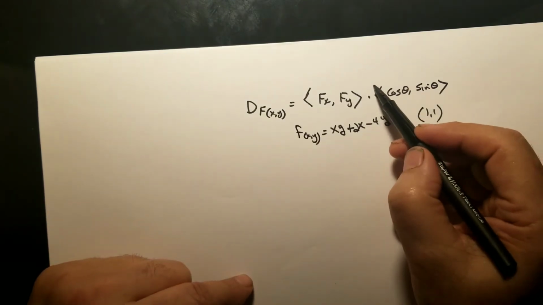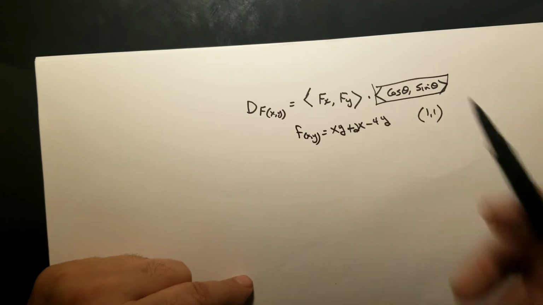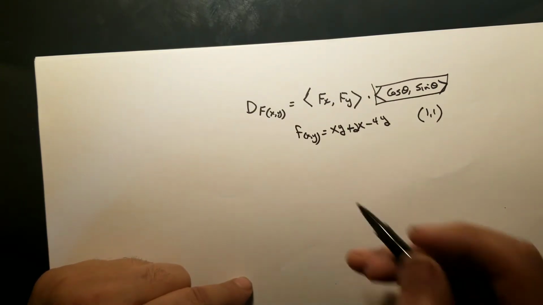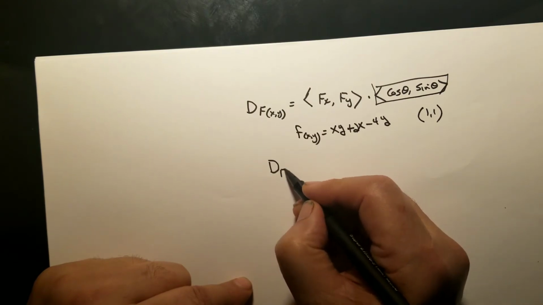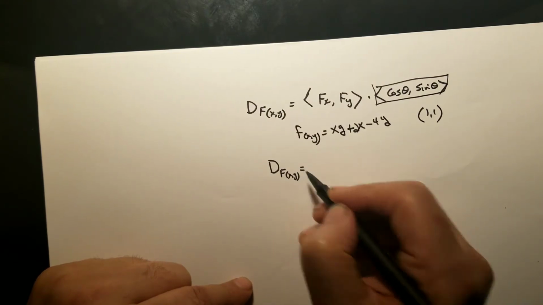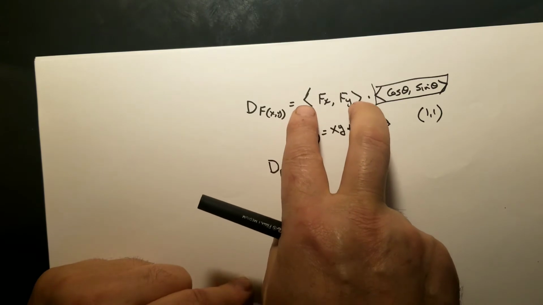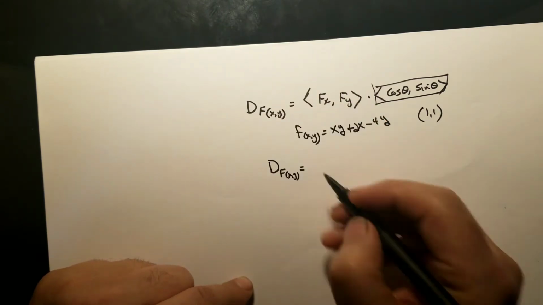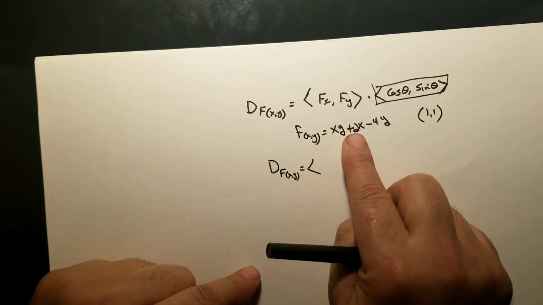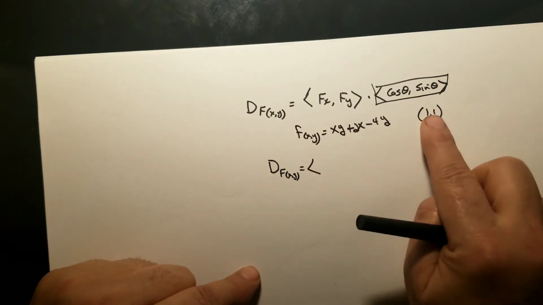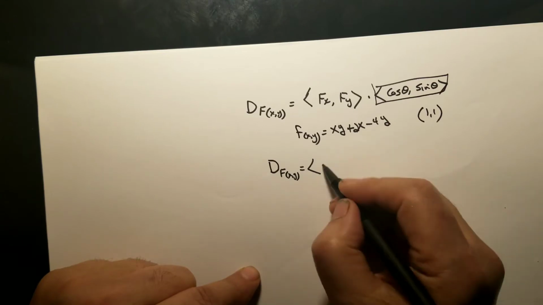For the time being, ignore that. Let's only find the gradient of f of x, y. Only find the value of that vector. The partial derivative with respect to x is y plus 2. And what is your y? Your y is 1. 1 plus 2 is 3.